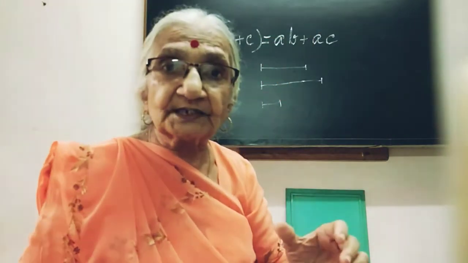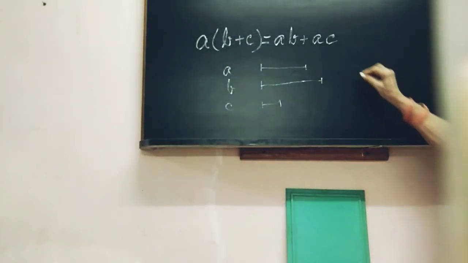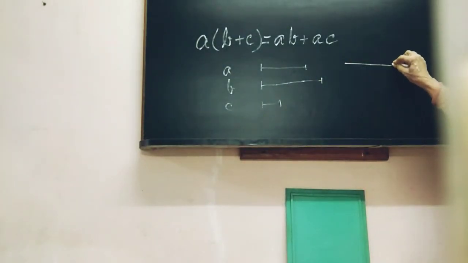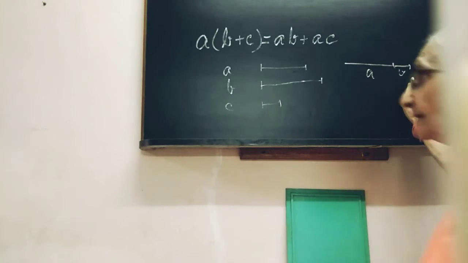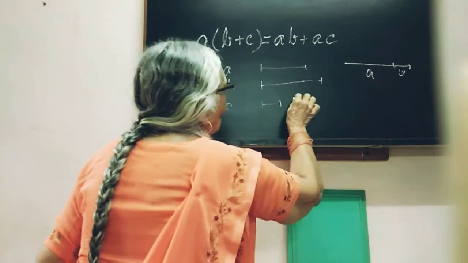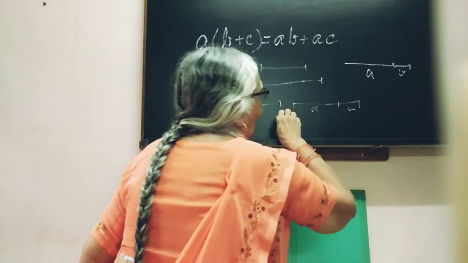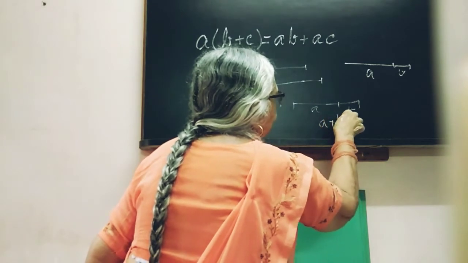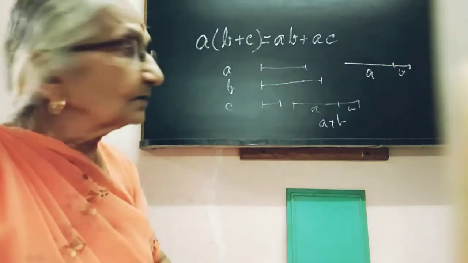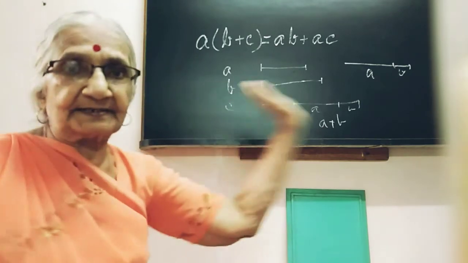The sum of two real numbers is again a real number, and we shall represent it by putting the two numbers side by side and taking the whole line segment to represent A plus B. So B plus C will be B and C side by side.